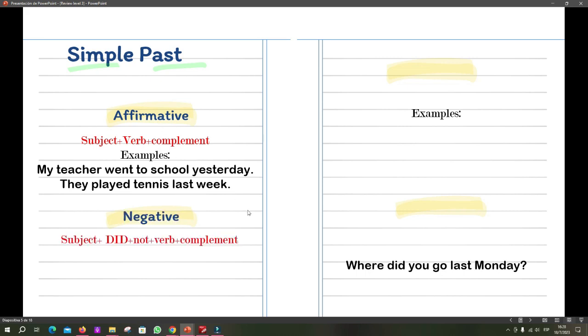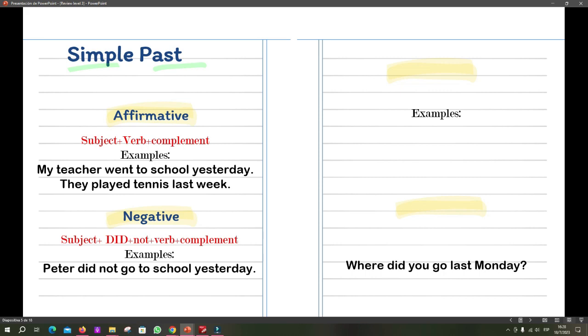What about a negative? Subject plus did plus not. Remember that did is the auxiliary for the simple past. So, not, verb, and complement. Examples. Peter did not go to school yesterday.